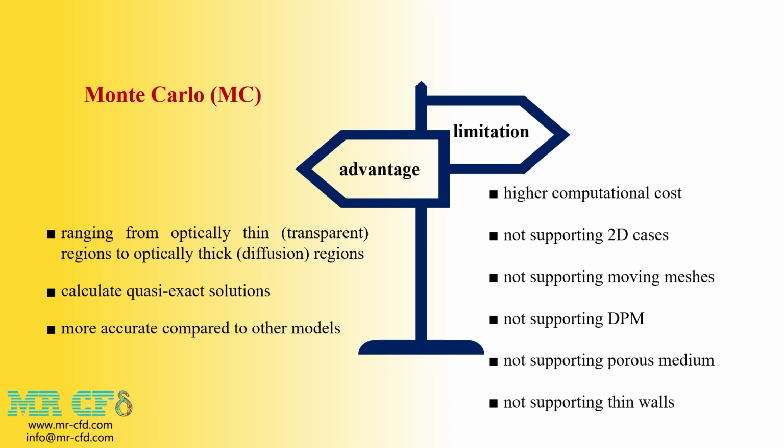The next thing is that there are things that are not actually supported by this model, things like two-dimensional models, transient solution, moving mesh, discrete phase model, DPM, Eulerian multiphase models, VOF and mixture and Eulerian, and a few others.